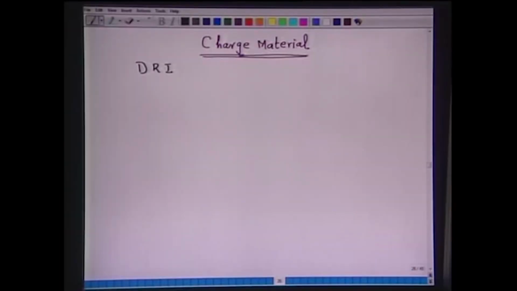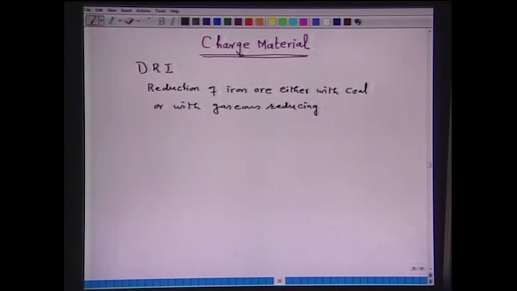In fact, this directly reduced iron is produced by reduction of iron ore, either with coal or with gaseous reducing agent.